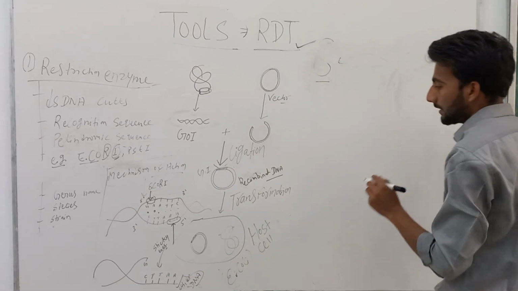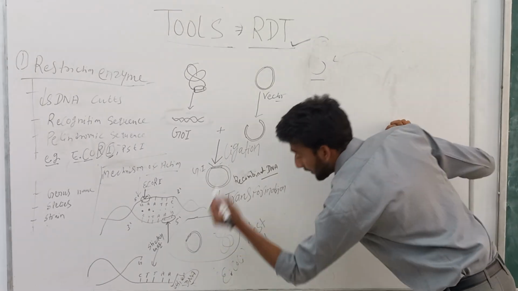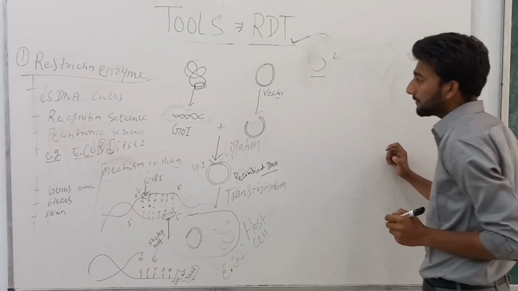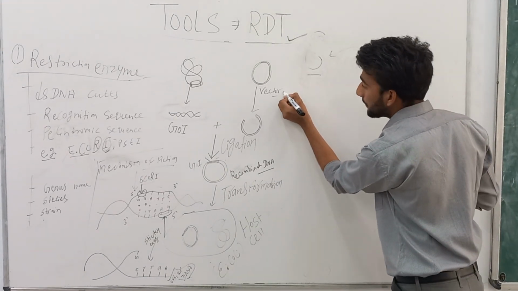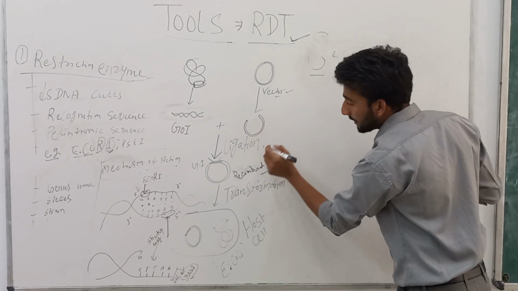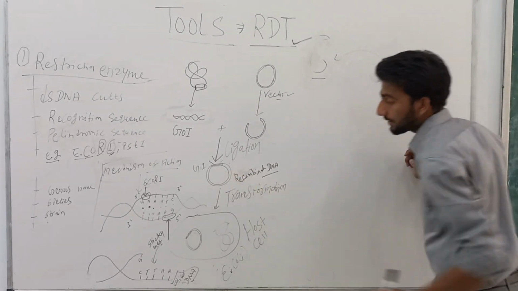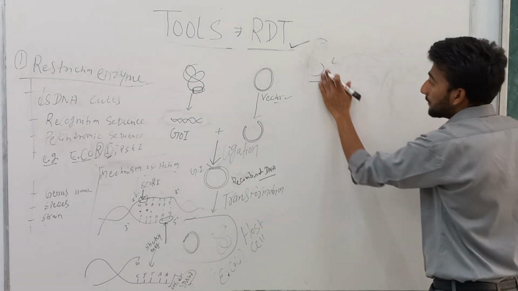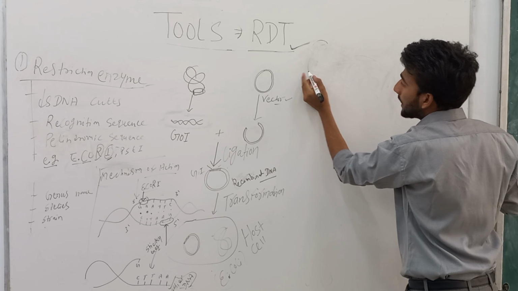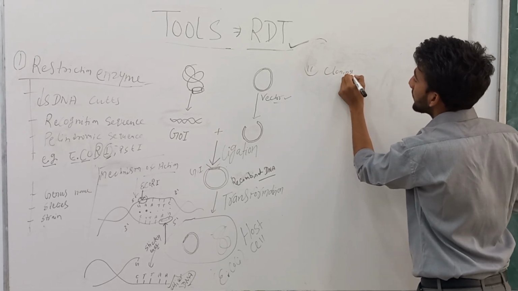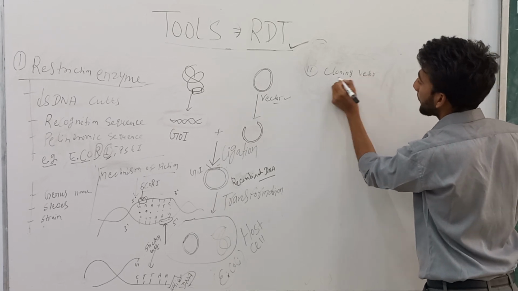Now, we have found our gene of interest and we have to introduce it into the cell. What do we do? We need a vector that can transport our gene of interest from outside into the cells. Now we use a second tool called cloning vectors.